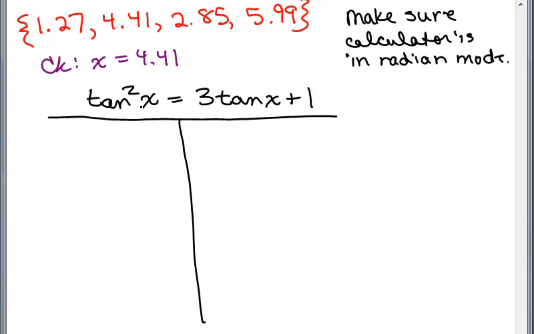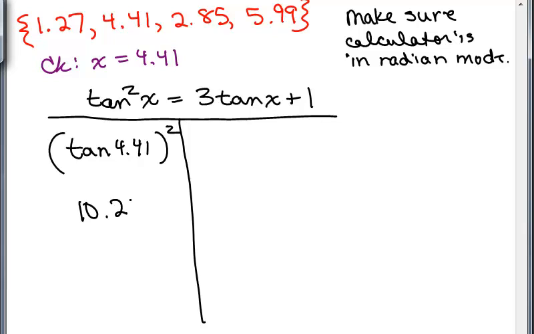All right, so let's put in the tangent of 4.41 and square it, since that's what tan squared x means. You can plug that into your calculator, make sure it's in radian mode, and let's round to the nearest thousandth. I got that that's about 10.276. It's just an approximation. And now we'll plug in on the right-hand side.